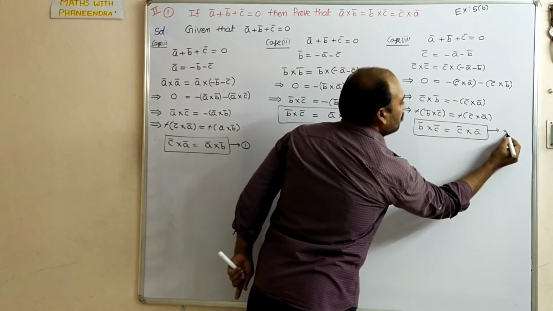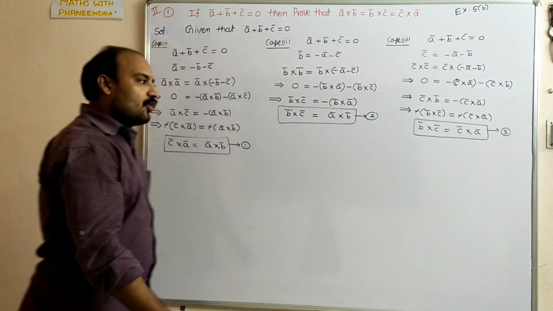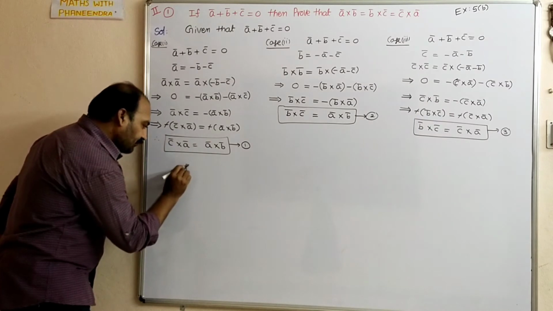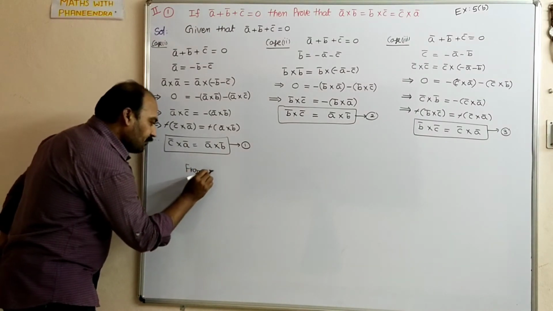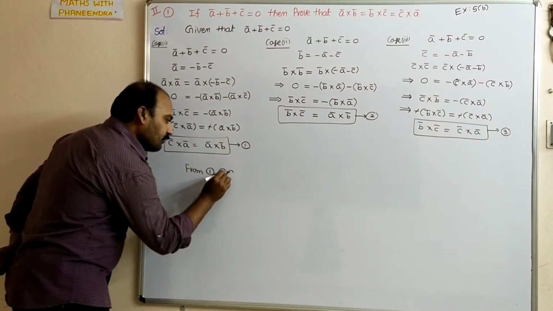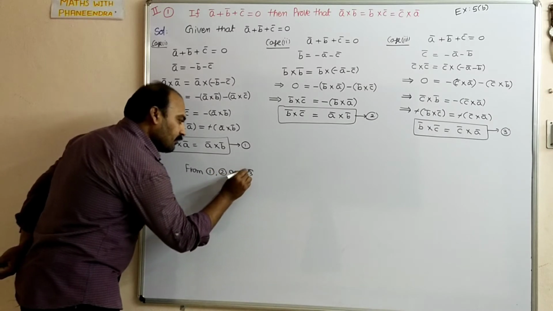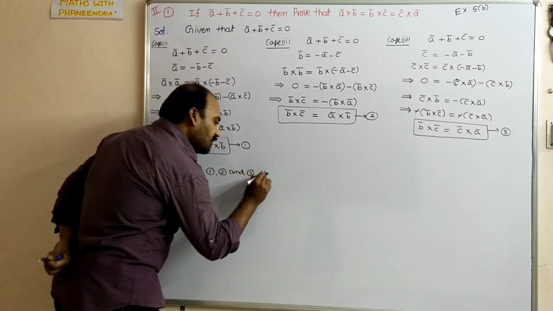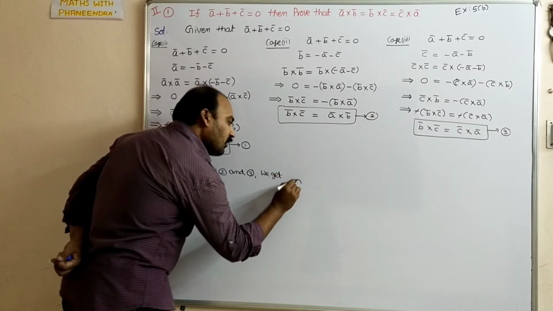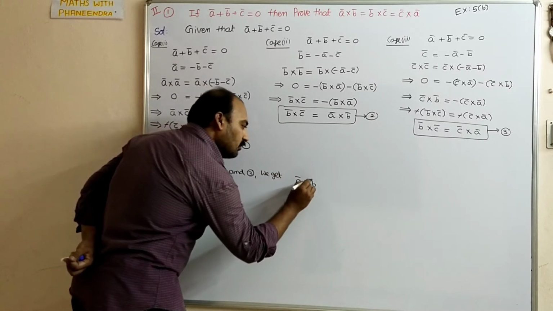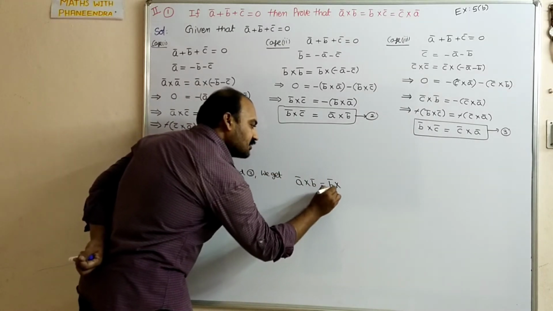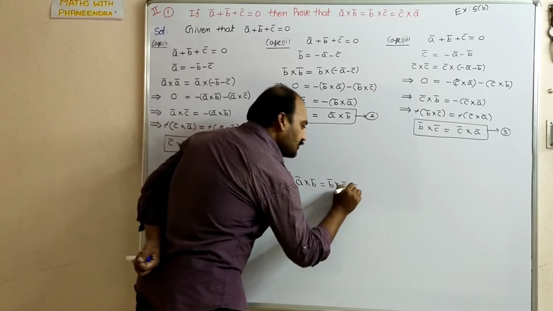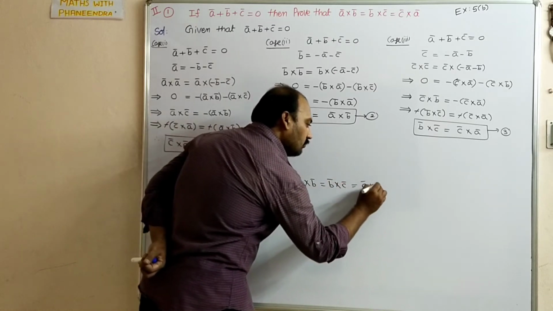Equation number 3. From 1, 2 and 3, we get a bar cross b bar, which is equal to b bar cross c bar, which is equal to c bar cross a bar.